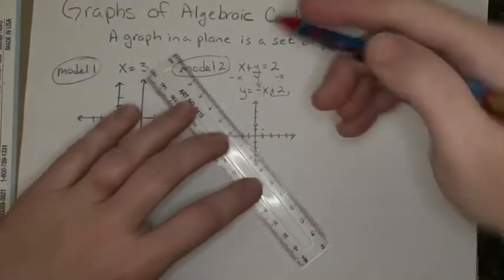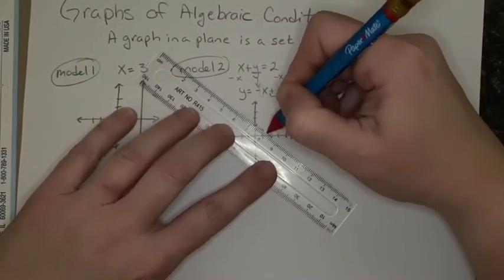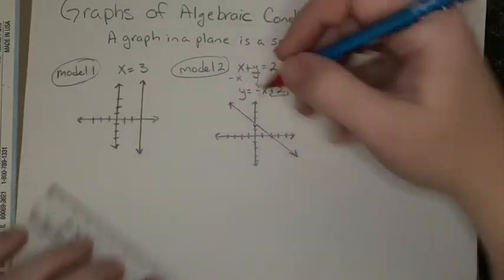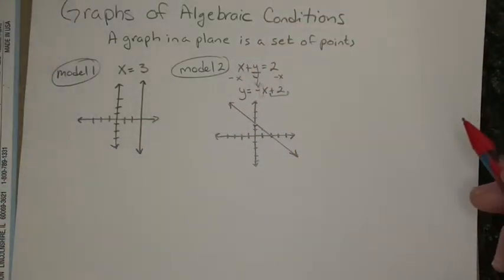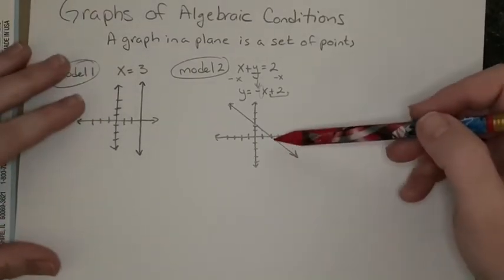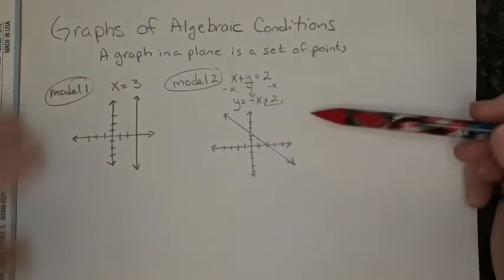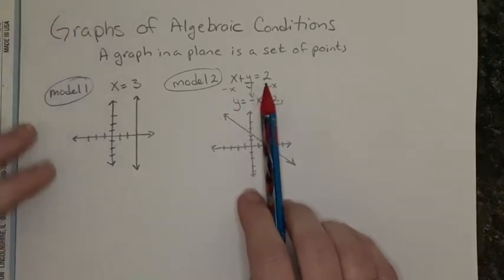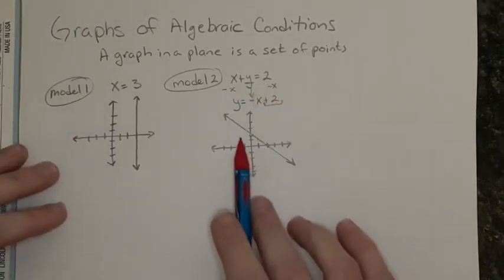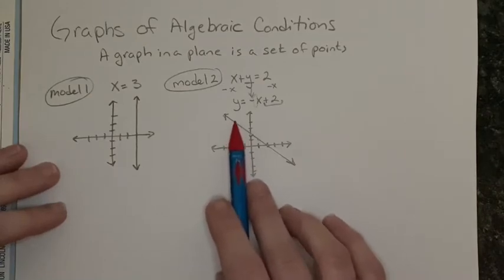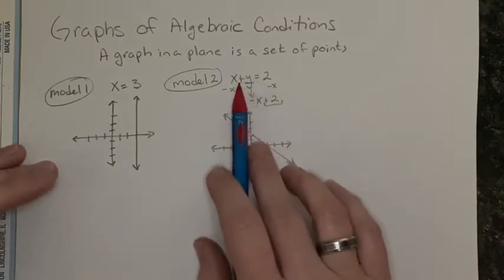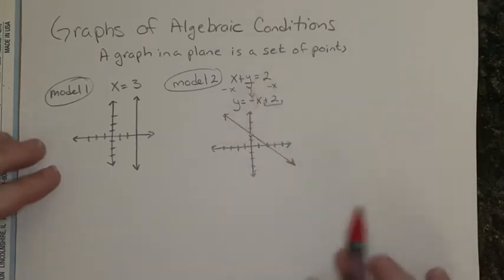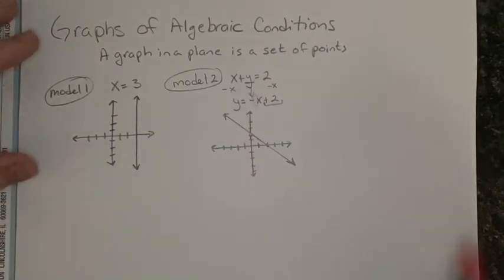Then you can take out your handy ruler and connect those points. Now this line represents all of the ordered pairs that are solutions to x + y = 2. We could pluck one ordered pair out and stick it into this equation, and it would equal 2. That's the point of graphing a line.